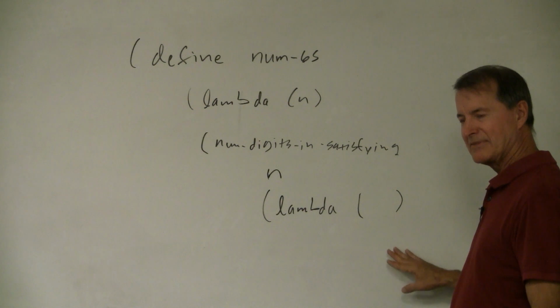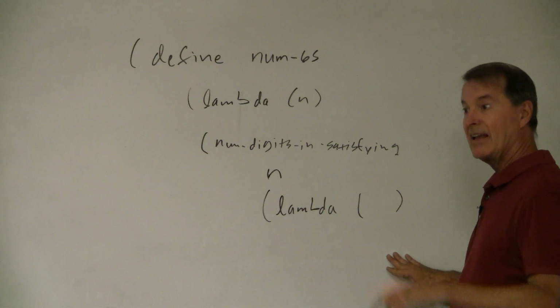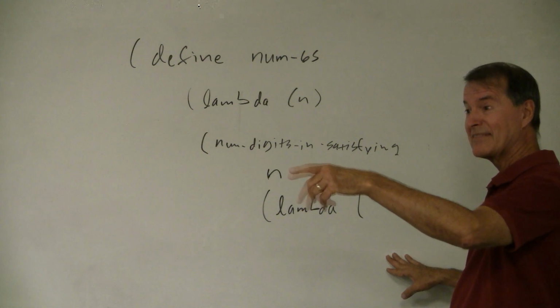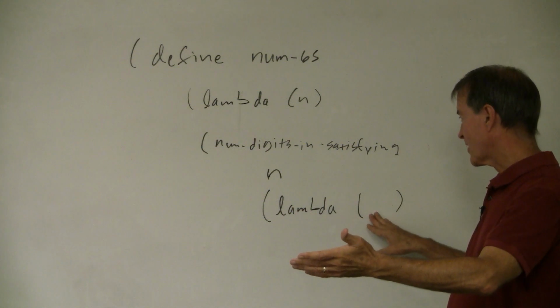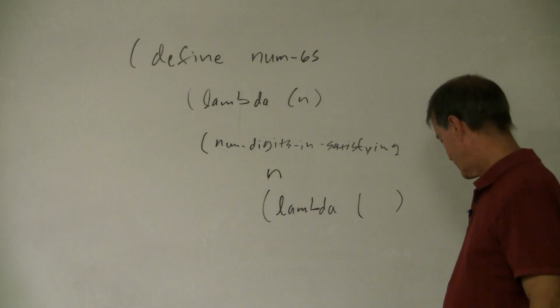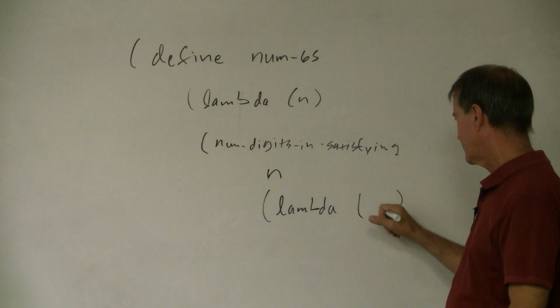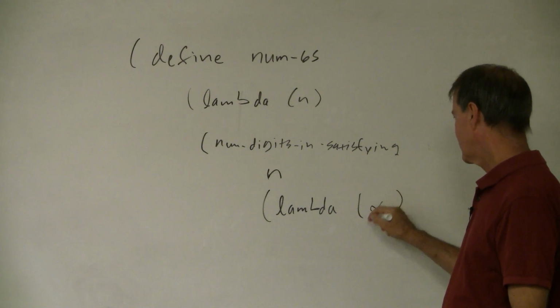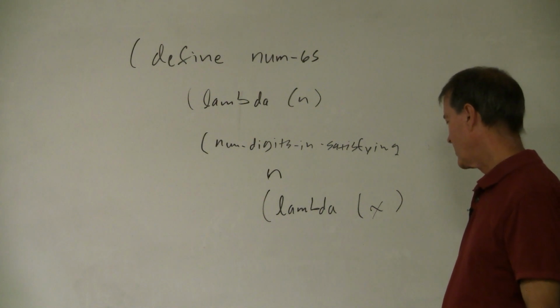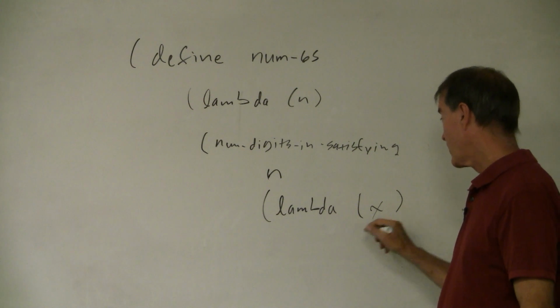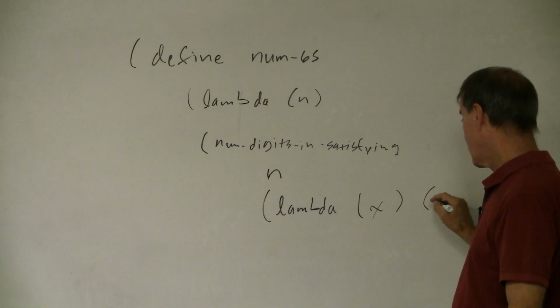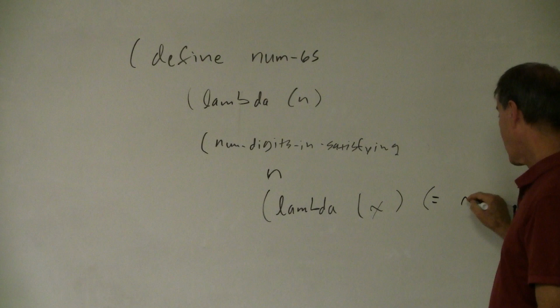Equals. Whatever we're going to call it. I forget what this letter is. Lambda x maybe, or maybe m. I don't know. Lambda x, and then what is the function? Equals x 6.